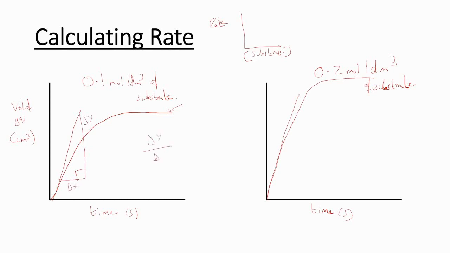Change in y divided by change in x equals the gradient, which equals the rate in this case. And this is going to be something centimeters cubed per second, because we're dividing centimeters cubed by seconds. Because this value is in centimeters cubed, this value is in seconds, and centimeters cubed per second, whatever that value is. And we do the same for this.